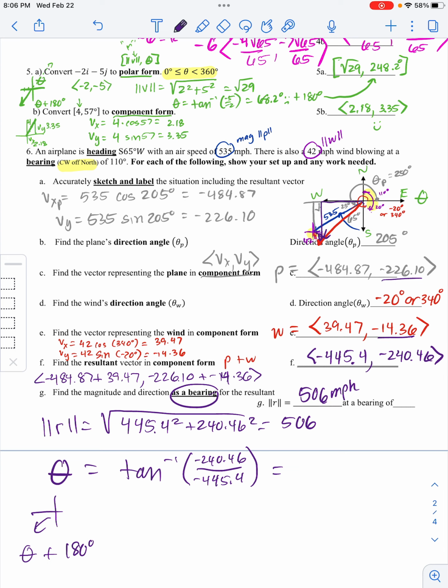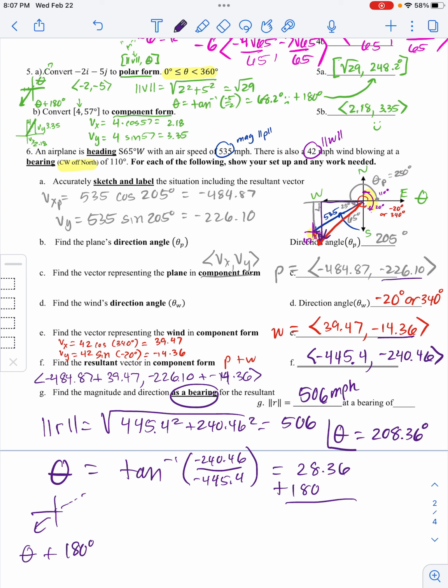Hang on. Okay, I'm getting 28.36, which would be over here. I'm going to add 180.